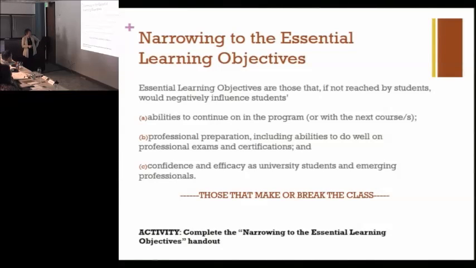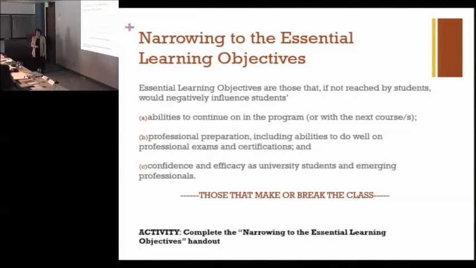It's going to impact the ability of students to continue on in the program. How does your class apply to others? It may very well, that trip to Italy, that sounds so wonderful, but if not done well and they're not reaching their outcomes, their professional preparation, it will affect those things. Their ability to do well on professional exams or certifications.